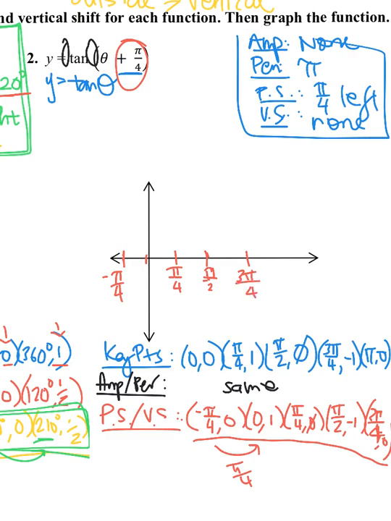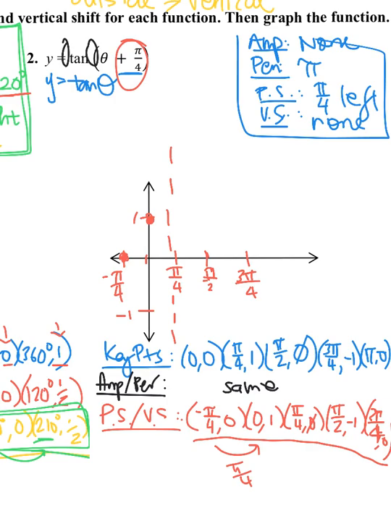Okay, and so just follow that same flow or same picture as the parent graph, starting at 0, and then 0, 1, I'll mark that as 1, goes up here, mark that as negative 1. At pi over 4, I have an asymptote, so a dashed vertical line right there.